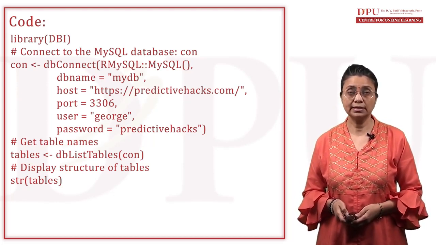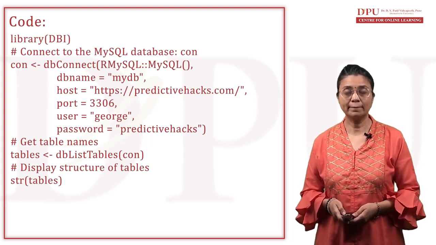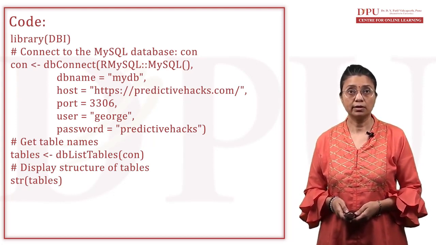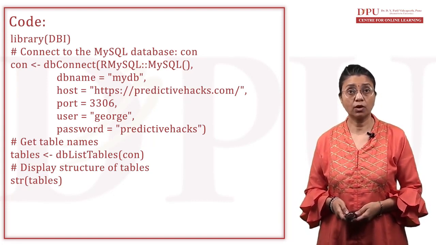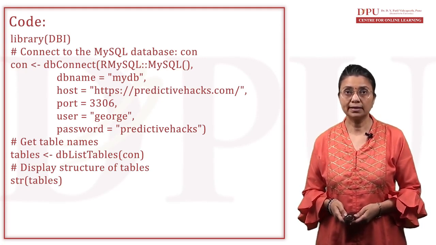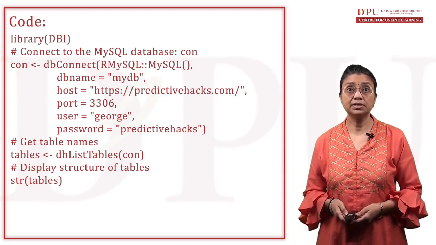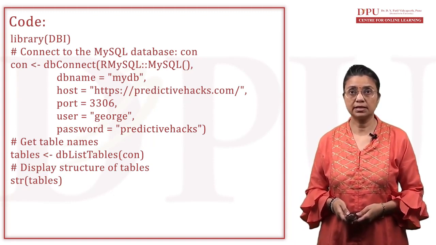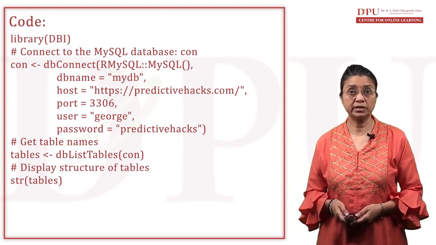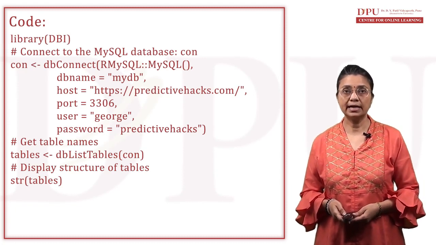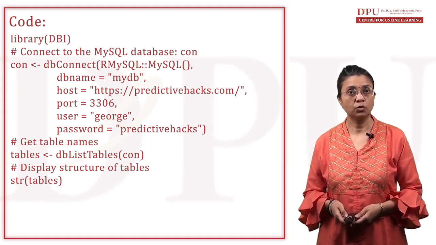Now, connect to the MySQL database. con is the connection variable, and there we have called the function dbConnect. Within brackets, I'm calling the MySQL function with dbname mydb. Host is the address, port is the port number, user is George, and password is predictive hacks. So I have set the values for five arguments: dbname, host, port, user, and password.